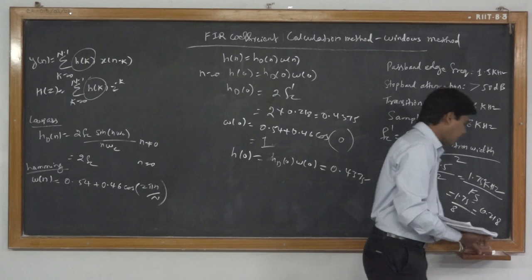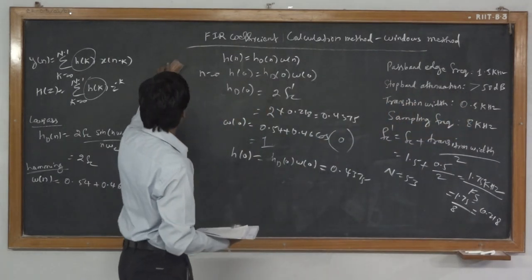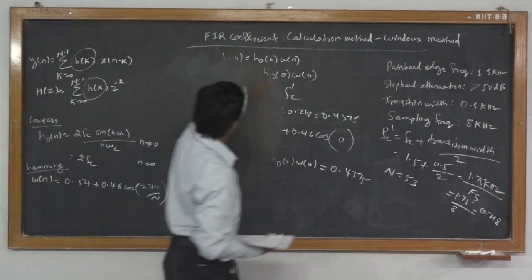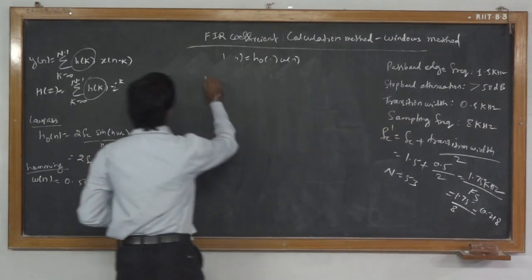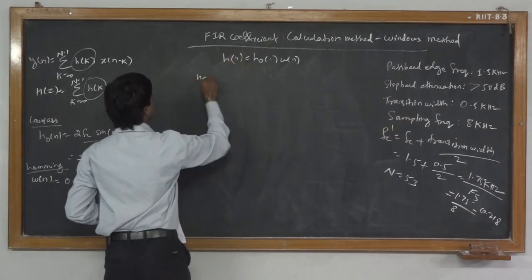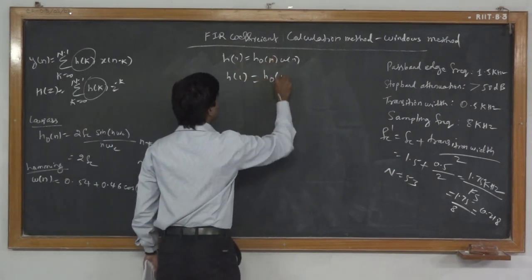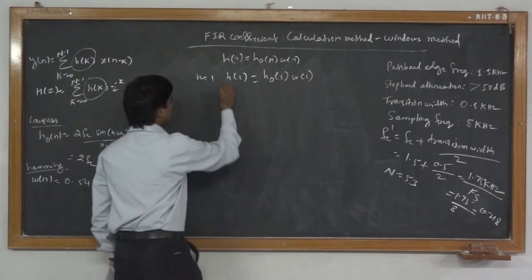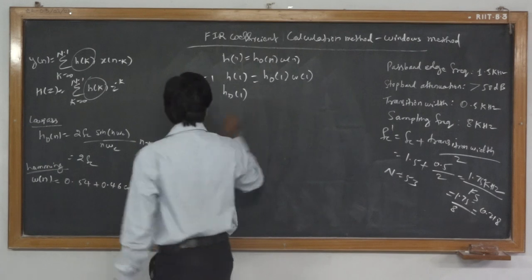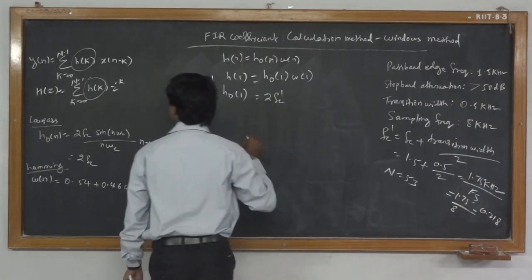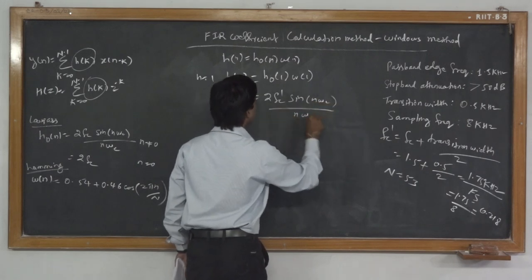Let us go ahead and calculate the value for n equal to 1. For n equal to 2, we can do it as a part of our exercise. For n equal to 1, it is like a next iteration, which becomes hd of 1 into w of 1. For hd of 1, this time since n is not equal to 0, we make use of this formula. It is 2 times fc dash, sine of n omega c upon n omega c.